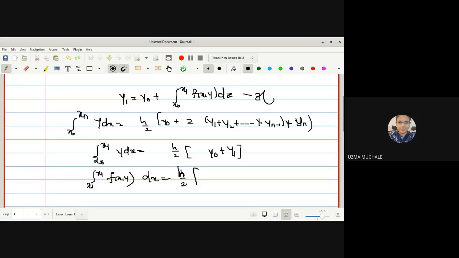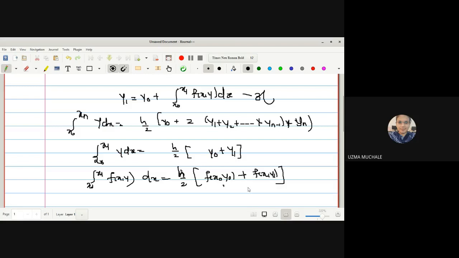But here we have to write the corresponding changes: f of x naught y naught plus f of x1 y1. For the integration of y, we have written y naught plus y1; for f of x y, we will write f of x naught y naught plus f of x1 y1.